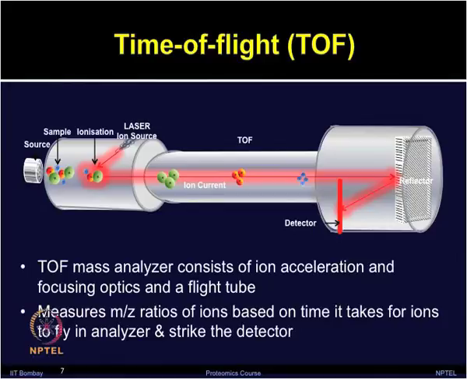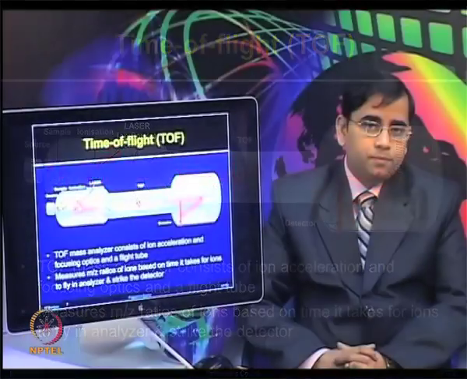Now, often we can also add a reflector, an ion mirror, which can increase the path length. So, the time of flight tube measures the mass to charge ratio of ions based on the time it takes for ions to fly in the analyzer and strike the detector.